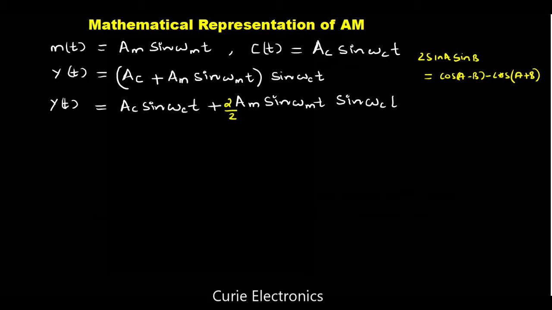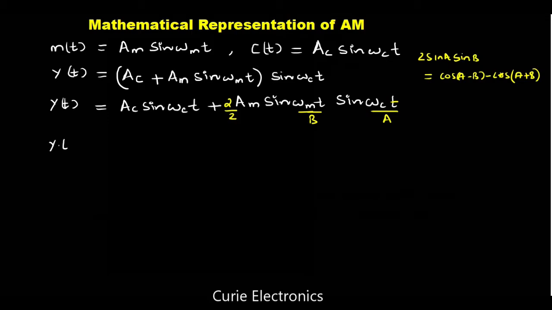I will take omega c t as A, and omega m t I will take as B. Now let me write it.